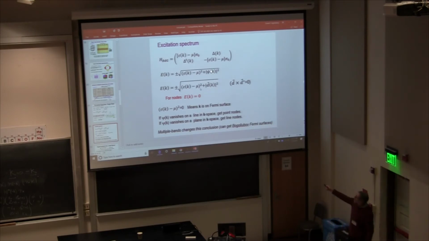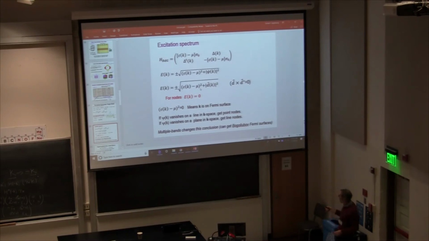The second term, the gap being squared, will only vanish when psi of k vanishes. You may have seen this, though I didn't emphasize it, that there are two ways psi of k can vanish generically from the group theory arguments. It either vanishes in a two-dimensional plane or along a line, right?